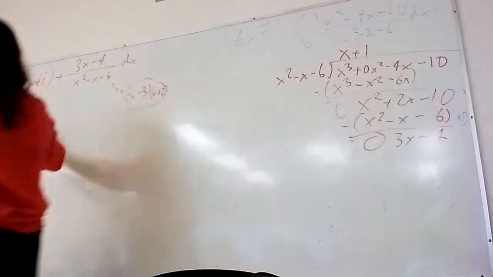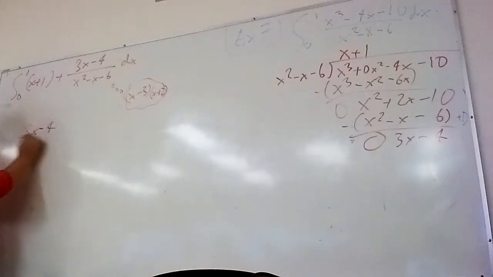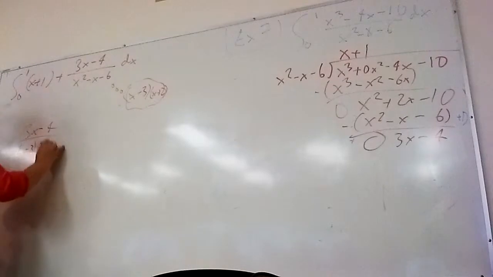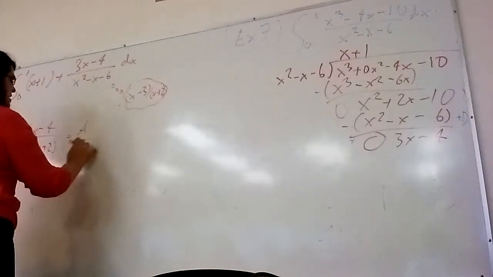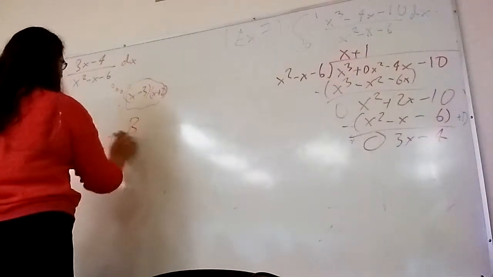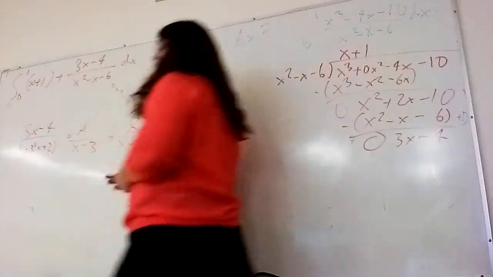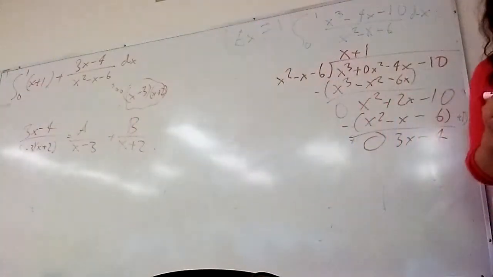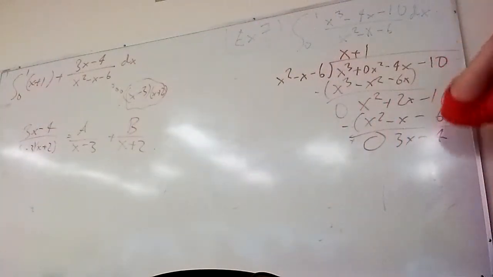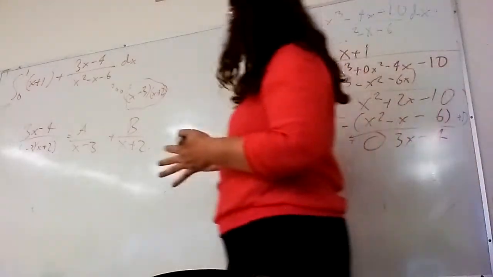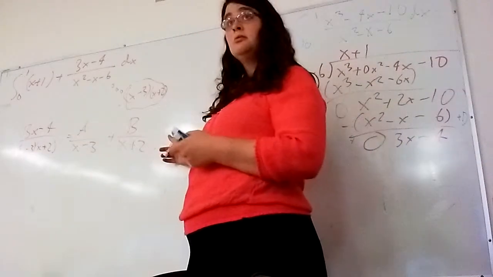So 3x minus 4 over this thing, x minus 3, x plus 2, is going to be a over x minus 3 plus b over x plus 2. And we need to find what the a and the b are.